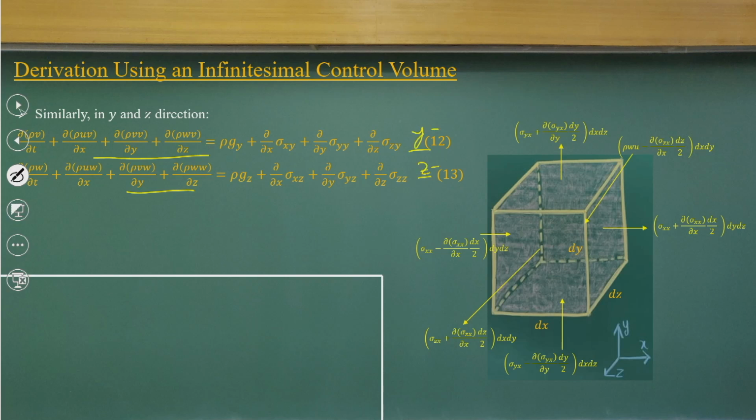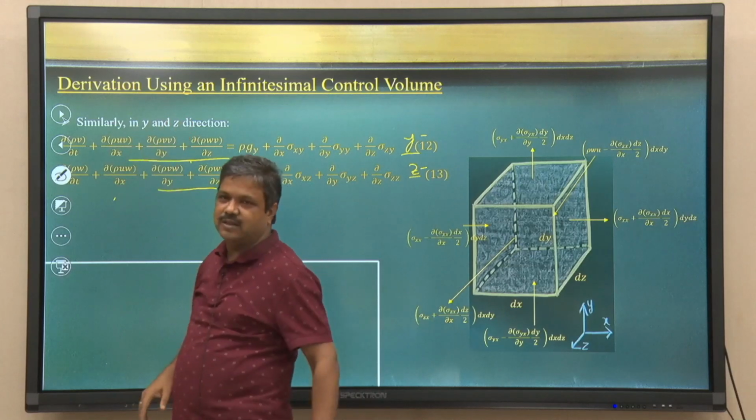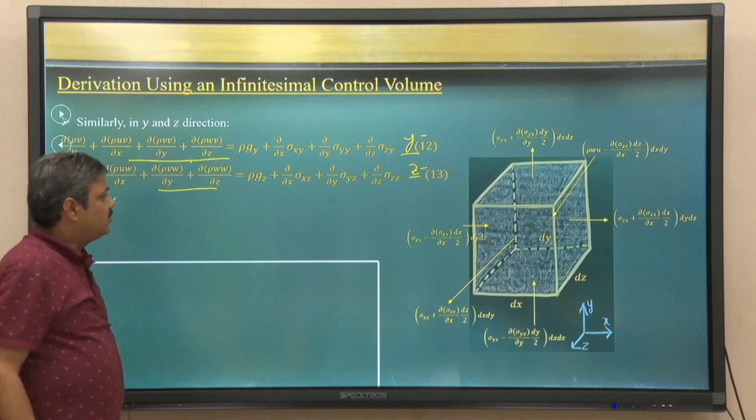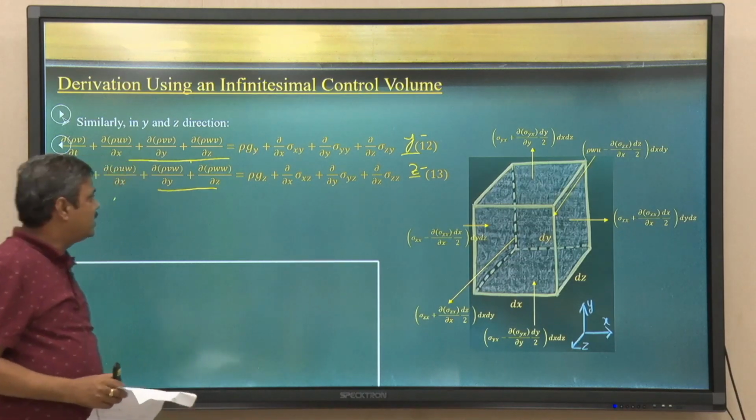So, we now have the three equations from the Reynolds transport theorem as we apply for x, y and z directions. I can have the three equations representing this momentum flux in this component and this component. This is because of the stress field, this is because of the body force component, this is because of momentum flux, and this is because of the change of momentum storage within the control volume with respect to time.